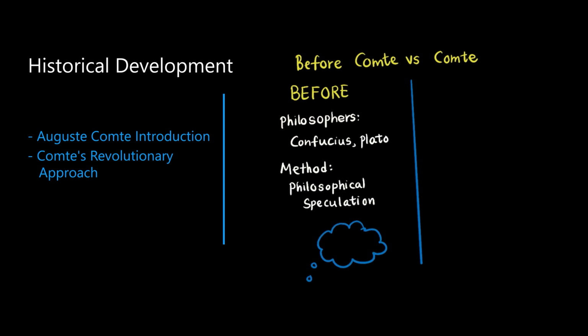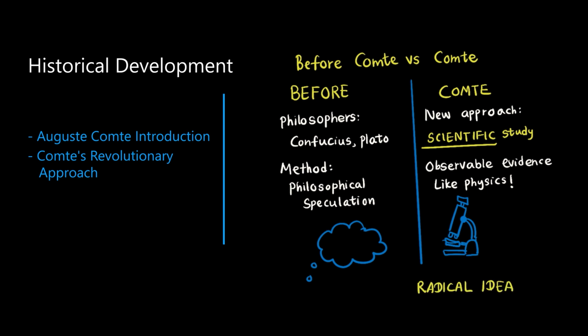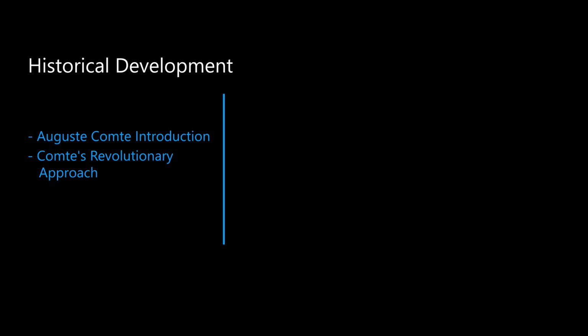He believed that society and human social interactions could be studied scientifically, just like natural phenomena. This was a radical idea at the time. He wanted to understand the laws by which society operates, based on actual, observable evidence, much like physics operates according to certain basic laws. Comte called his approach positivism.